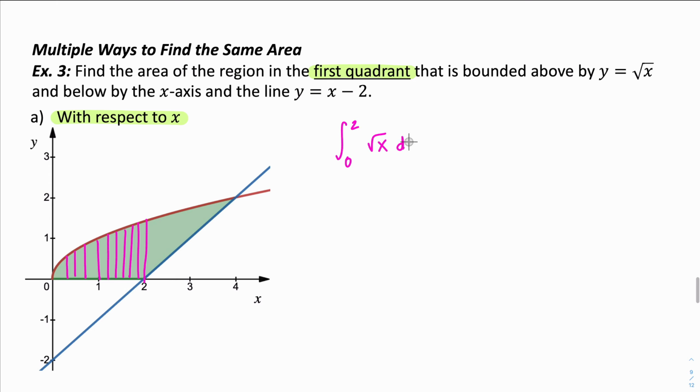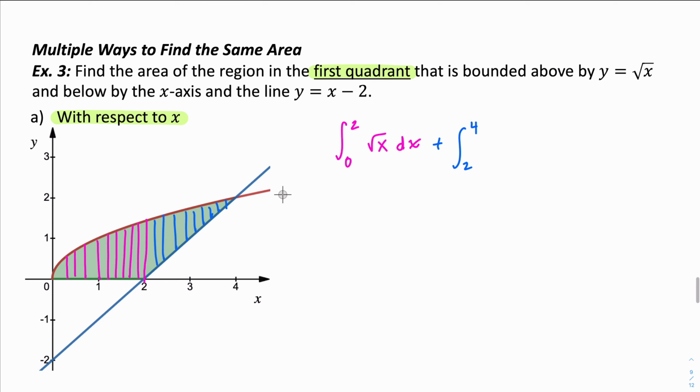So that's the first part. So that's this first region here. And then the second region is the integral from 2 to the point of intersection, which is going to be 4 here. And so this part here, now we have to start thinking about top minus bottom. So we're adding the integral from 2 to 4.